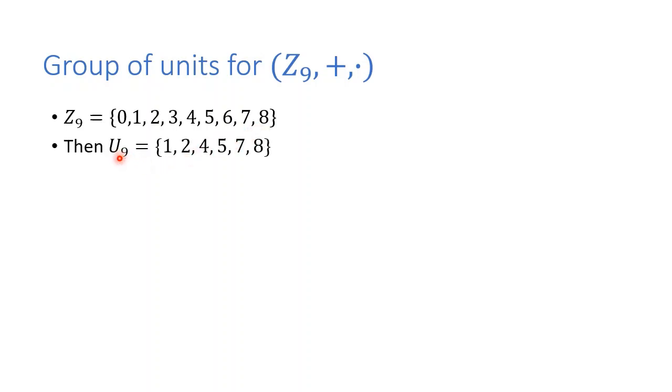Then U9 consists of all the elements which are relatively prime to 9. 0 you are not going to include. For 1 and 9, the greatest common divisor is 1, so 1 is relatively prime to 9 and you collect it. Then 2 is also relatively prime, since 2 and 9 have GCD 1, so you collect 2. For 3 and 9, the greatest common divisor is 3, so you are not going to include 3.